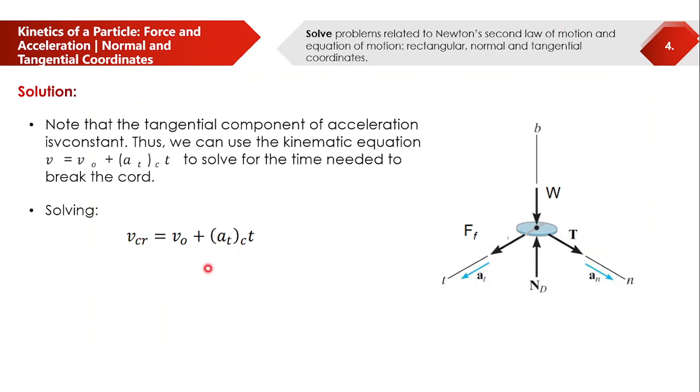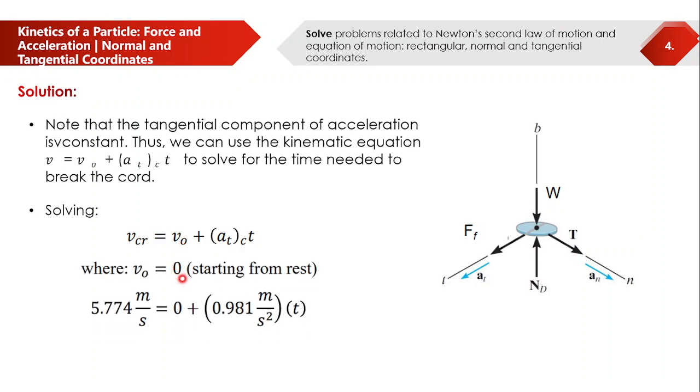So this will be the exact formula that we're going to use, di ba? So that will be, the critical speed is equal to v_0 plus a_t times time. And the problem also gave na at rest initially yung disk natin before it rotates, no? So that will be equal to zero, yung initial velocity.